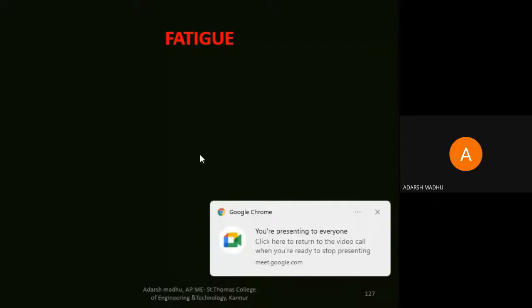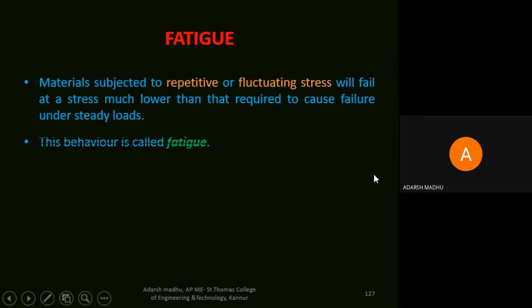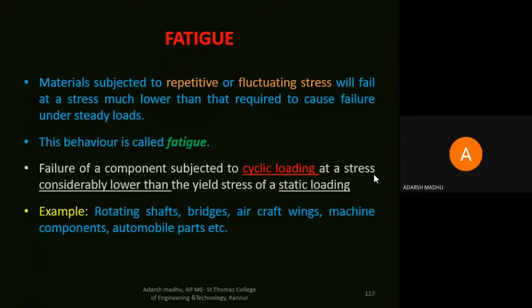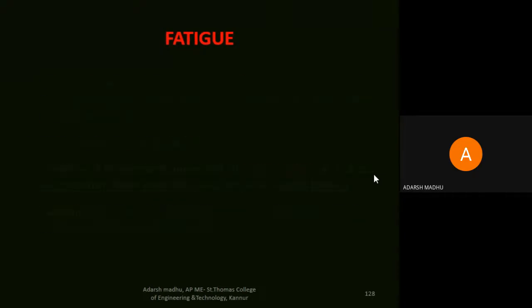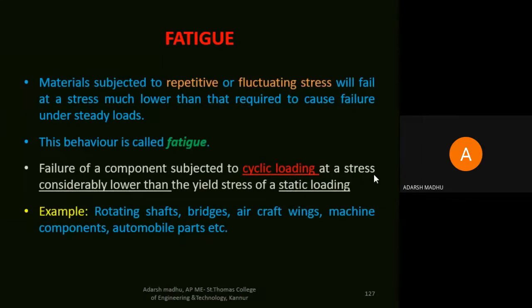So in the last class, we started our fifth module. It is about fatigue. I explained that fatigue is a type of failure which is happening in 80% of our method failures.